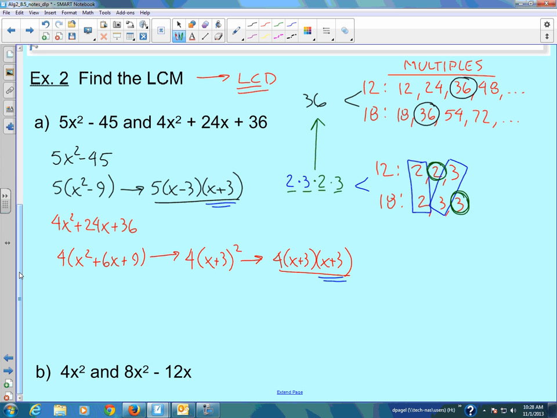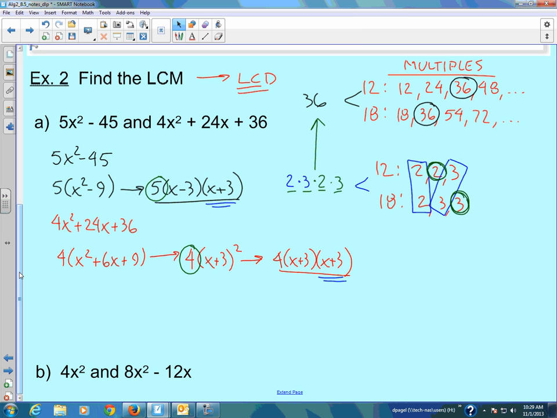So we know at least their LCD has to have an x plus 3 in there. And then now I've just got all these extra parts, right? And just like we did with the numbers, the parts that were different, they multiplied with the parts that were in common, and that's how we formed our LCD. And so in this case, the parts that are different so far, I've got a 5 and a 4. So that's going to give me a 20 right there.